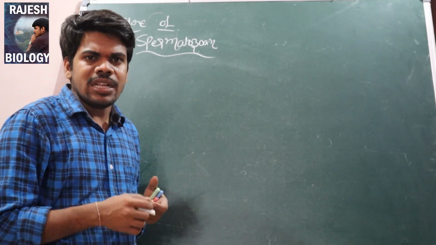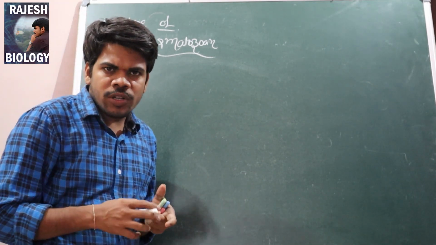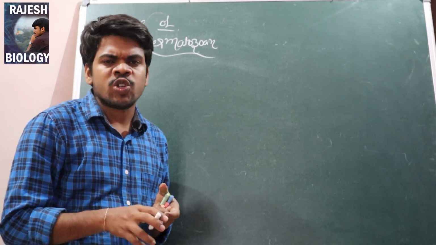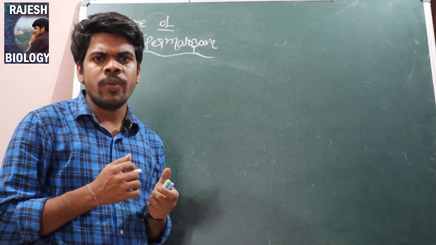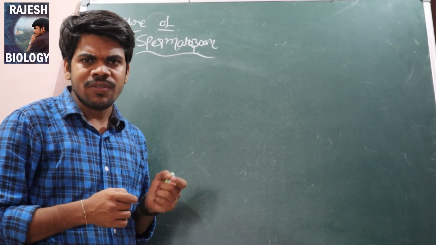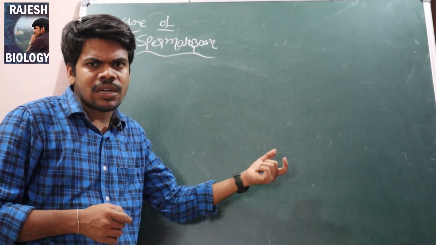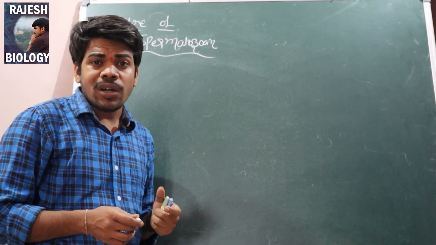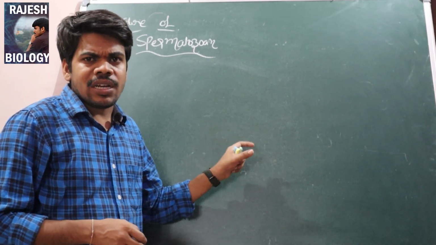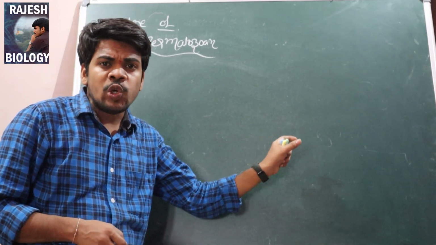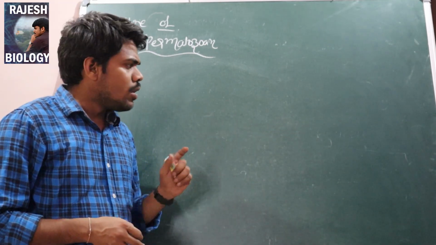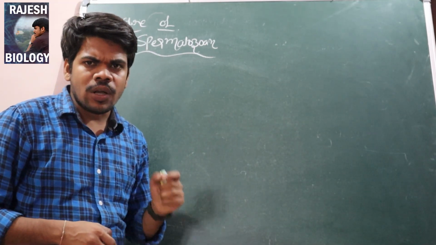Within the testis the seminiferous tubules are there. Within the seminiferous tubules, sperm cells are formed. If we take one sperm cell out from that semen and place it here, what are the parts present within a single matured spermatozoan? That is the concept we are going to discuss now.